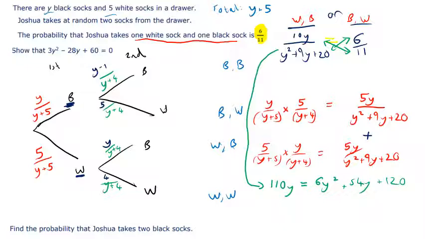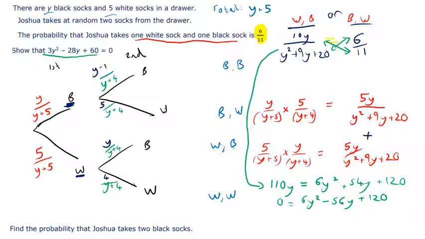Okay, so this is beginning to look a little bit more like this thing, but still not quite. So let's take away 110y from both sides. Then we get 6y squared. Now 54, take away 110 is minus 56. And this is almost what we're trying to get to.